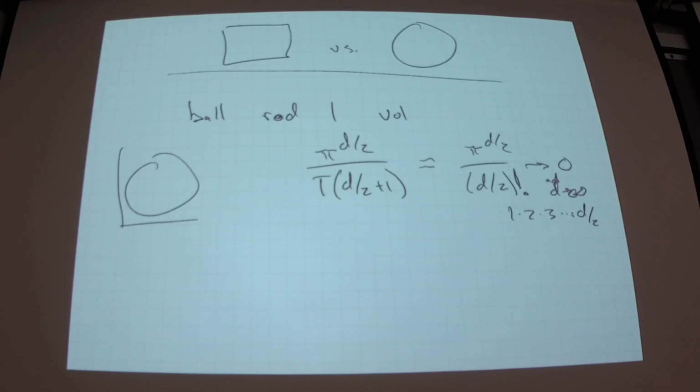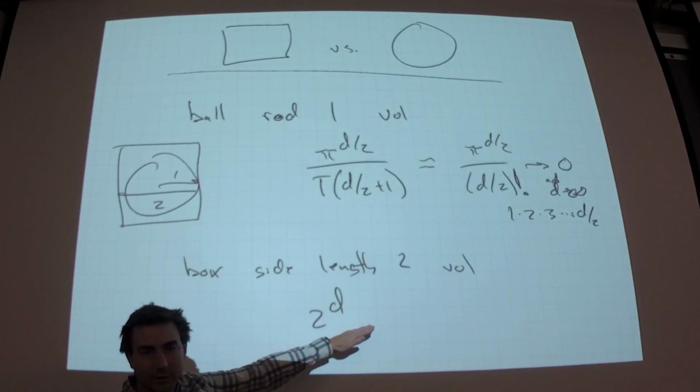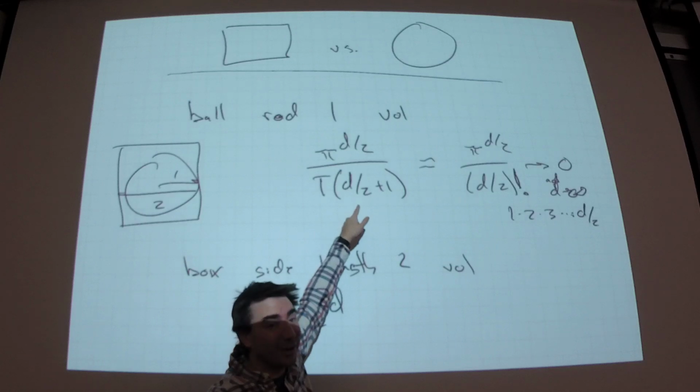Let's look at the smallest box which contains this ball. That's going to be a box of radius 1, which means the side length going all the way across is 2. So a box of side length 2, and its volume is simply 2 to the D. That's how volume works. So as D gets larger, this grows exponentially larger, while the ball's volume goes to 0.